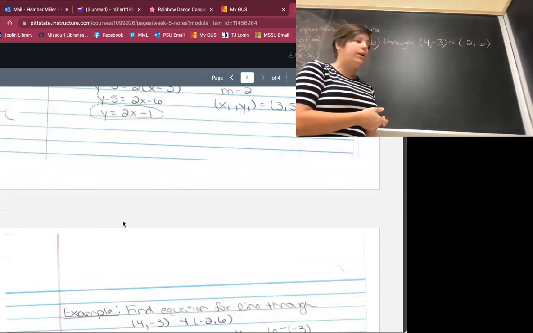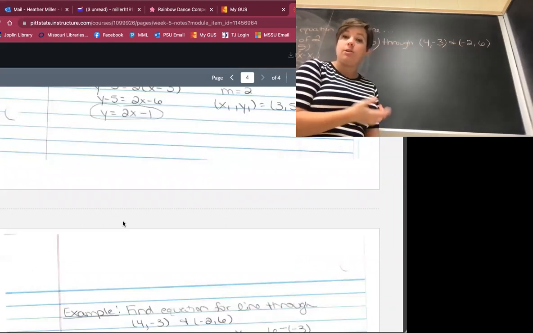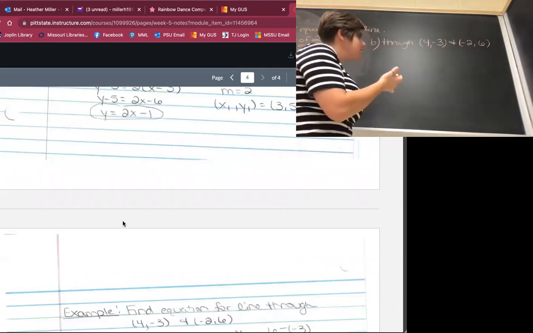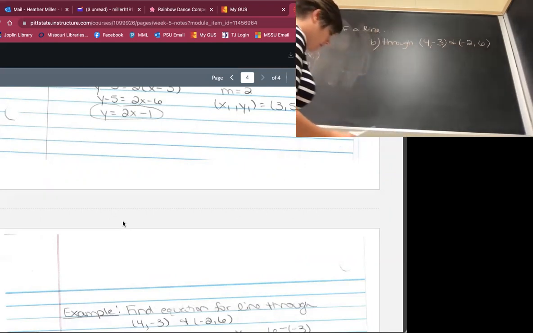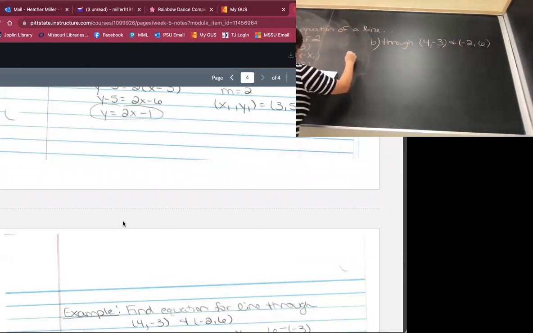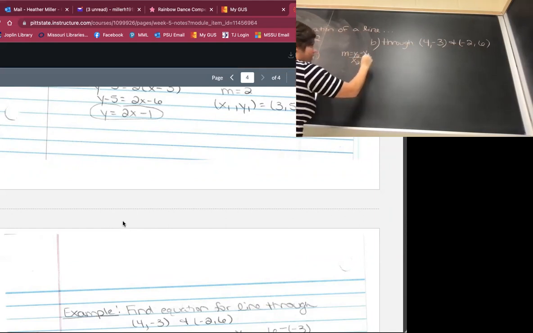Well, what do you need to find slope with? You need 2 points. Do we have 2 points? We do have 2 points. So the first thing you're going to do is find your slope. Slope is y2 minus y1 over x2 minus x1.